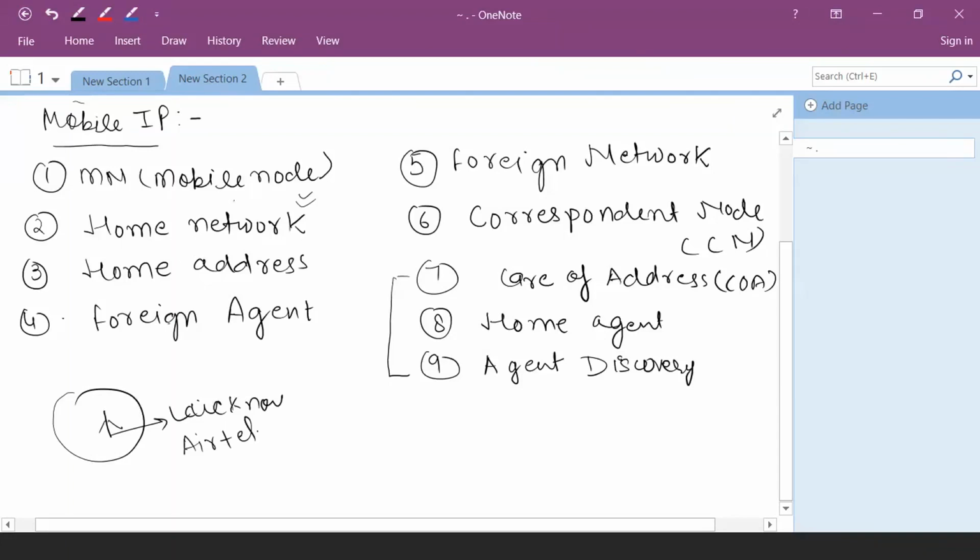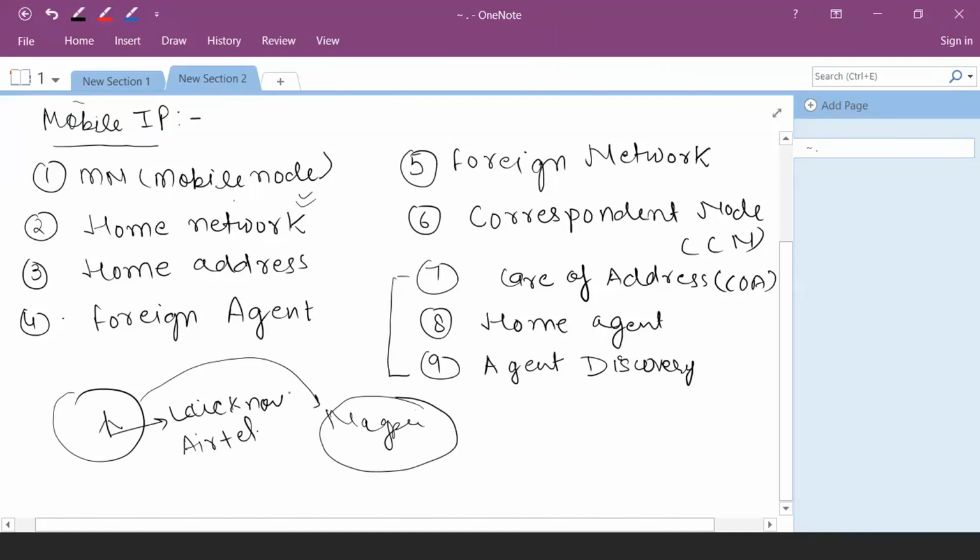Then what is the foreign agent? As you know, I am from Lucknow and I am moving to Nagpur for my job. So this is the Nagpur area. In the mediator, there is a foreign agent that provides me connectivity, because my connectivity got changed from Lucknow to Nagpur.